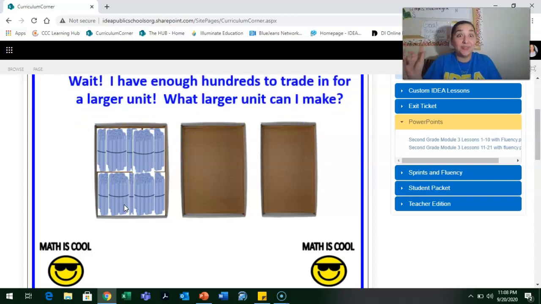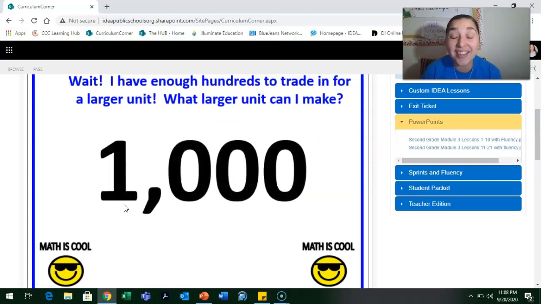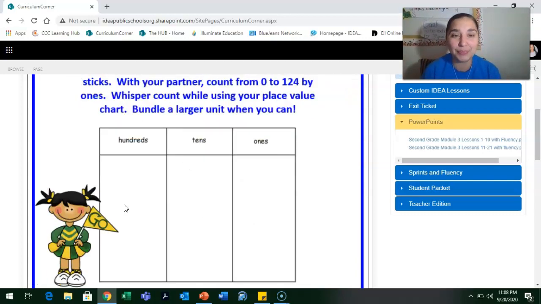Wait, remember? I have enough hundreds to trade for a larger unit. Remember, I can bundle it. I can put them all together. And what larger unit can I make? 1,000, boys and girls.